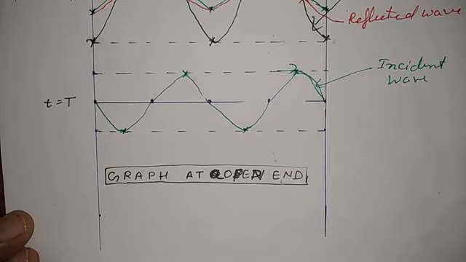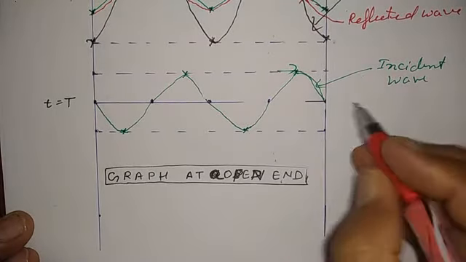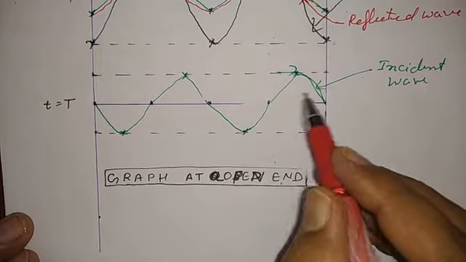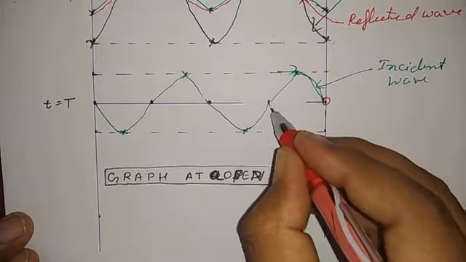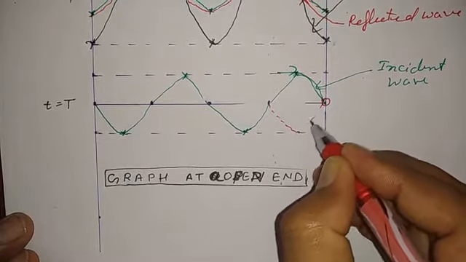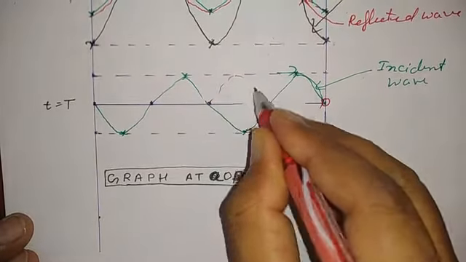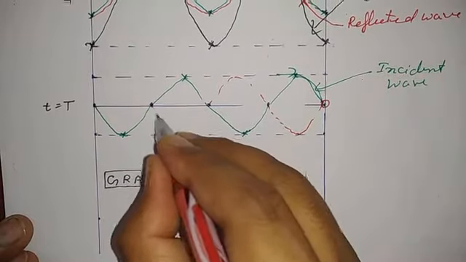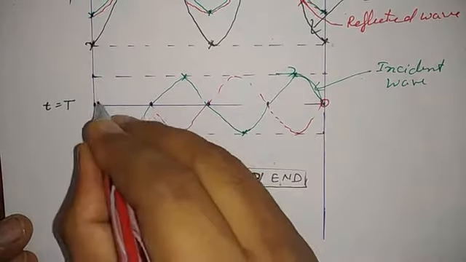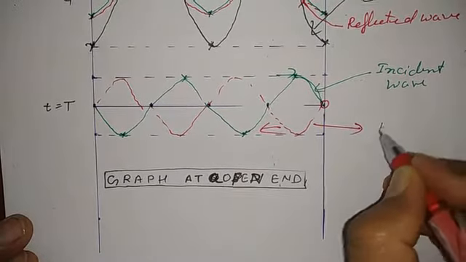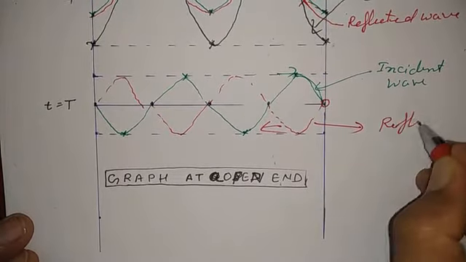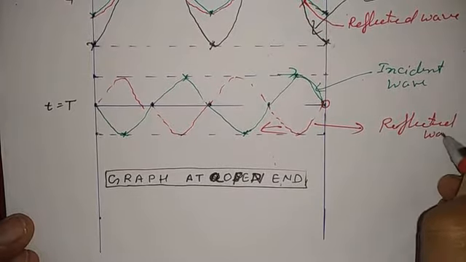Now see the reflected wave. Since the sine wave becomes just opposite in case of an open end, the reflected wave will travel like this in this direction. This is the reflected wave.